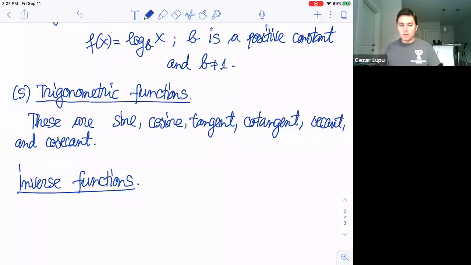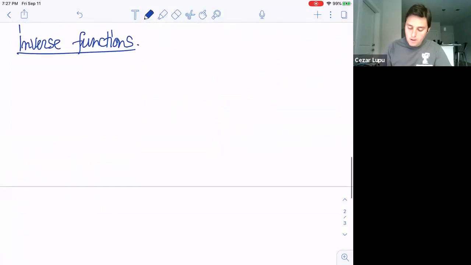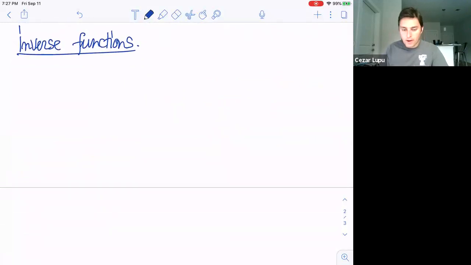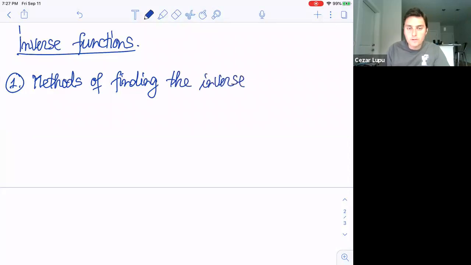All right, so let's see what is the inverse of a function. There will be a method to find these functions. So let's go. So the first thing we need to talk about is the method. So methods of finding the inverse of a function.